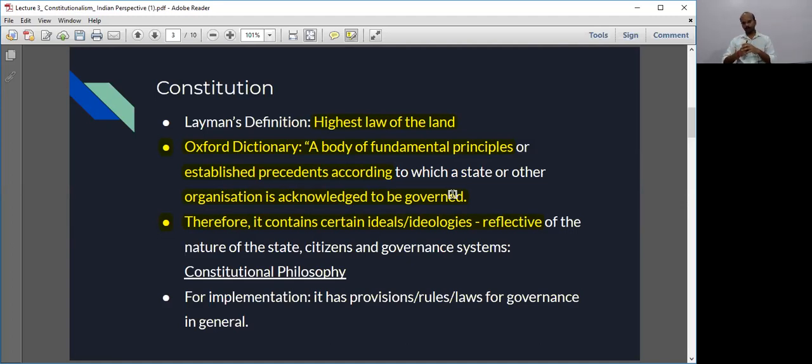Now, when we talk about constitution, there are two things that we also need to consider. The first is the state, which is symbolic of government, and the other is the concept of citizens, right? So citizens are basically governed by the state or the government, and therefore the constitution, which is the supreme law of the land, applies to both of these, and none of them are outside it.